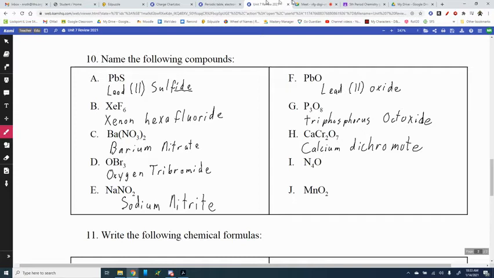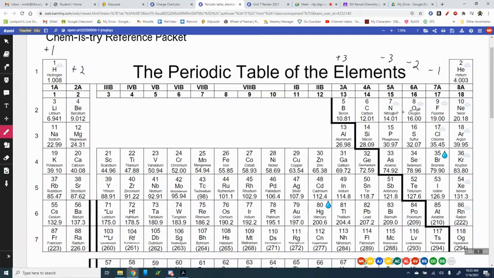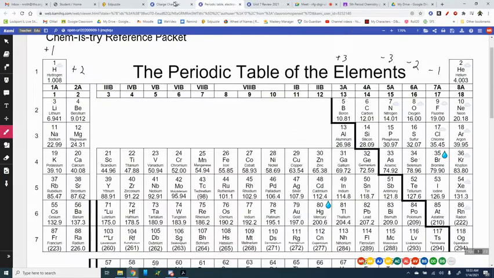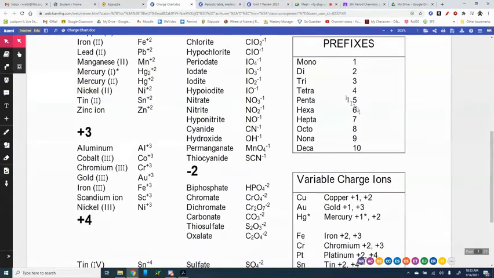And that's it. Next is N4O. So we have N and O. There's N, there's O. Both of these are nonmetals, which means this is a covalent compound, which means we need our prefixes. So 4 N's, 1 O. 4 is tetra, 1 is mono.